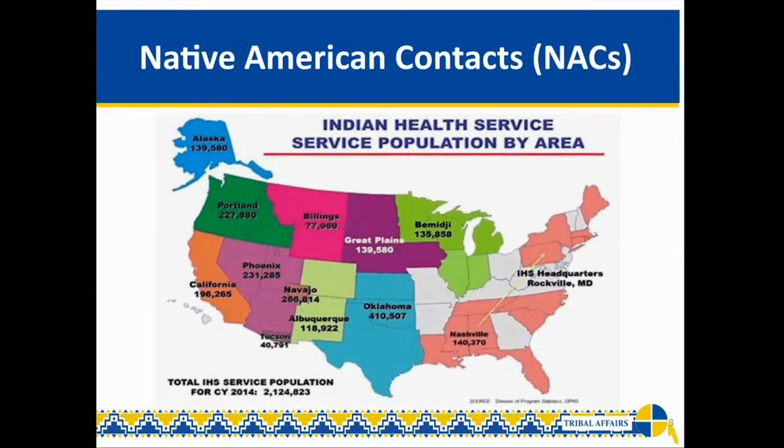CMS has recently gone through a reorganization that gave us the opportunity to build up expertise on Indian health issues within the agency and better serve all tribal communities. Prior to the reorganization, we had 13 NACs assigned to each of the HHS regional offices. Many of the NACs had to balance their tribal work with other agency priorities and assignments.